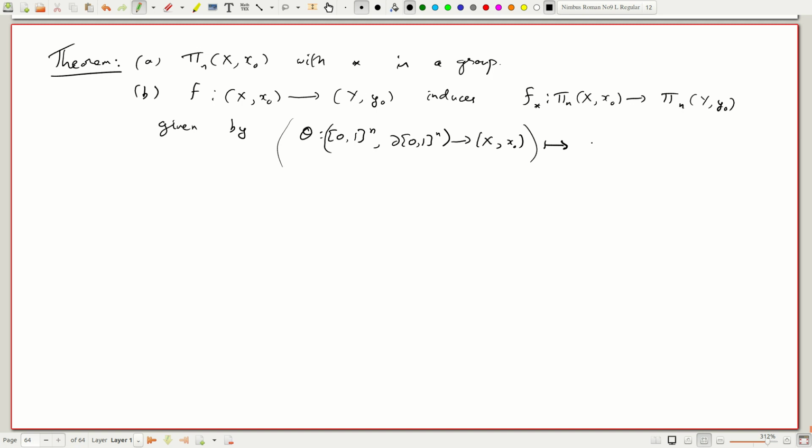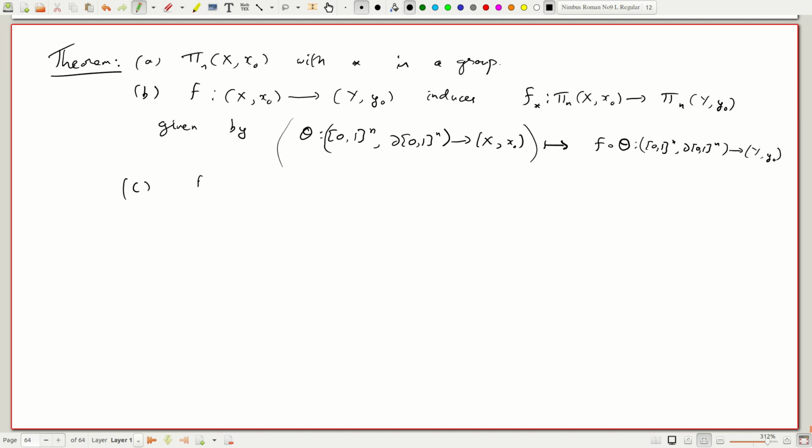This gets mapped to f composed with theta, unless I mean the composition the other way. Yeah, no, it is this way. That is to say, I have f composed with theta that has the same domain, and it will map [0,1]^n and the boundary of [0,1]^n to y0. Okay, so this is functorial.